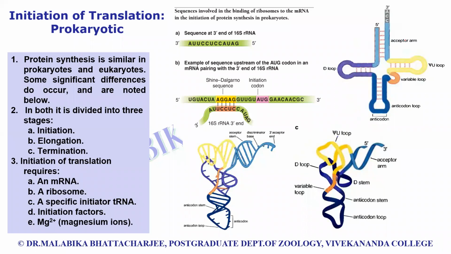So it presents the initiation codon to the ribosome for the ribosome to understand that this is the start point of the open reading frame. And the mRNA also provides a small purine-rich sequence, the Shine-Dalgarno sequence, to which the ribosomal rRNA pairs. So that was the part of mRNA.